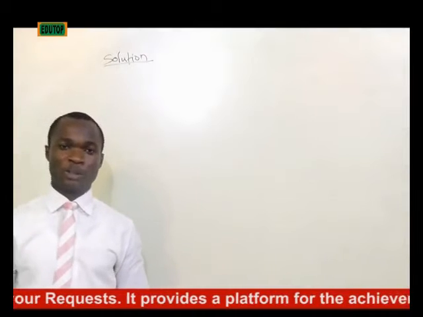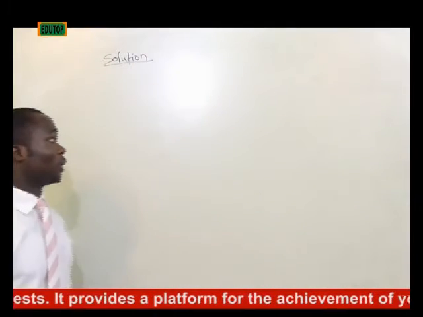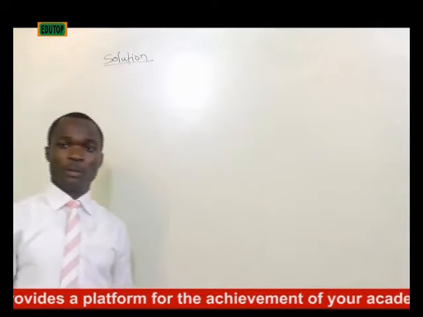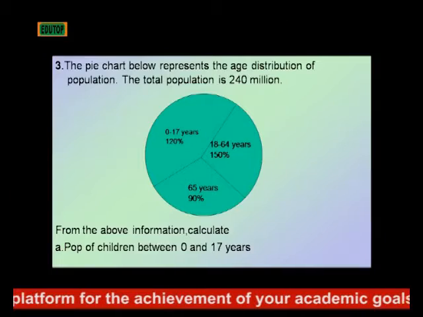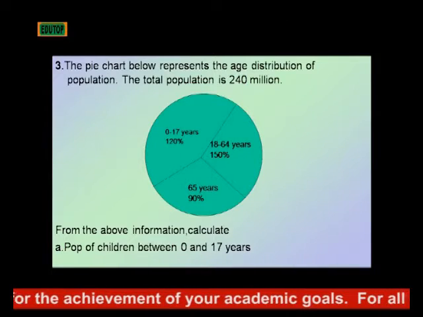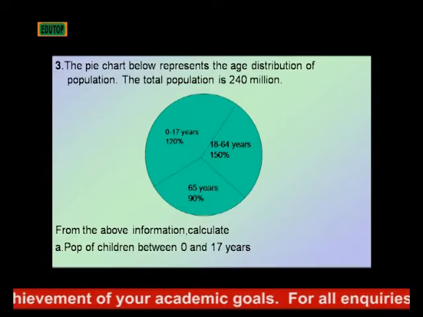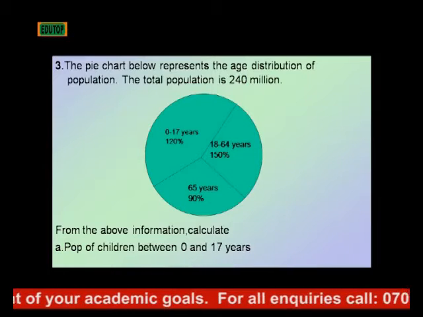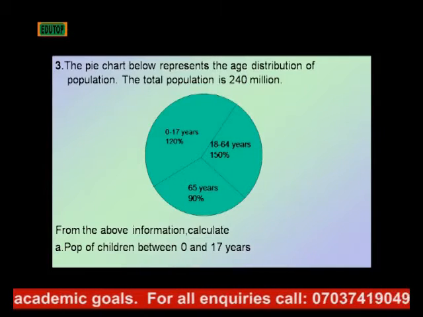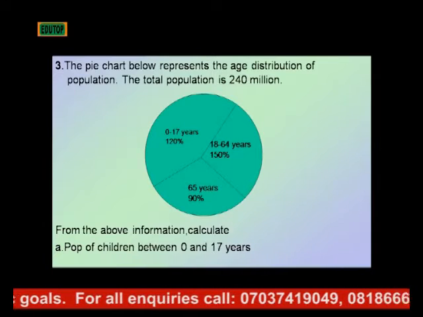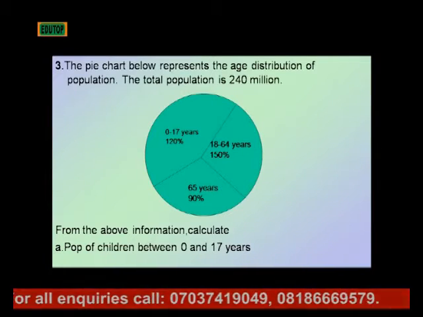Let's look at another question. Question 3. The pie chart below represents the age distribution of population, and the total population is given as 240 million.